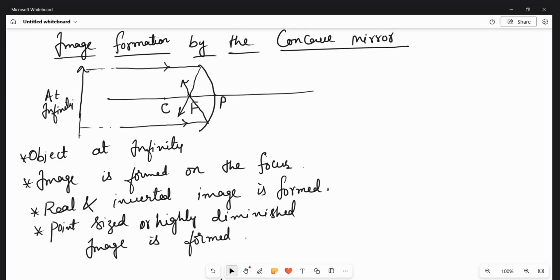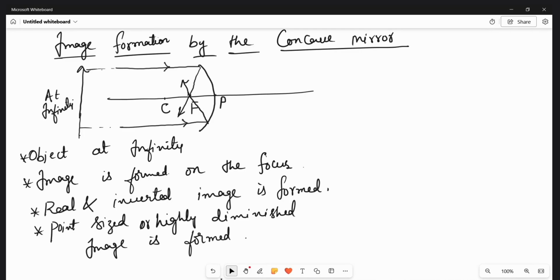Okay. When the object is at infinity, most of the rays will be parallel to the principal axis. Object is at infinity means what? When the object is very very far, most of the rays will come parallel to the principal axis. And we know that rays parallel to the principal axis pass through the focus.